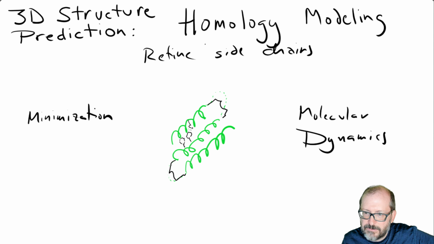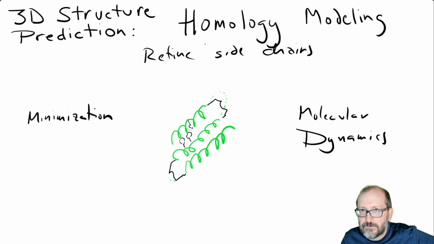And so what you do is you drop this into a molecular dynamics package and do a local minimization. Like I said, we're going to get into molecular dynamics a little bit later, but basically we're going to follow something like a steepest descent of this potential to find a local minimum. In other words, a nearby minimum.